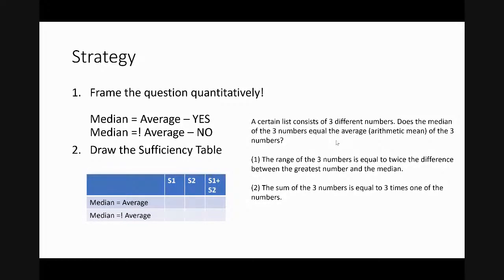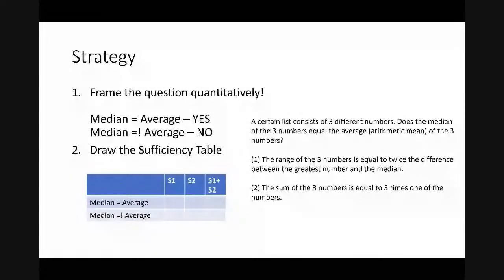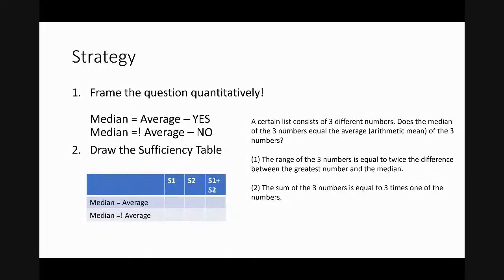So they're saying that the range of these three numbers is equal to twice the difference between the greatest number and the median. So let's try to analyze this statement just a little bit to see what we can do out of that. I'm just going to drop in a little text box right here so that I can show you what it means in this case. So let's take these numbers 1, 2, and 3, right?